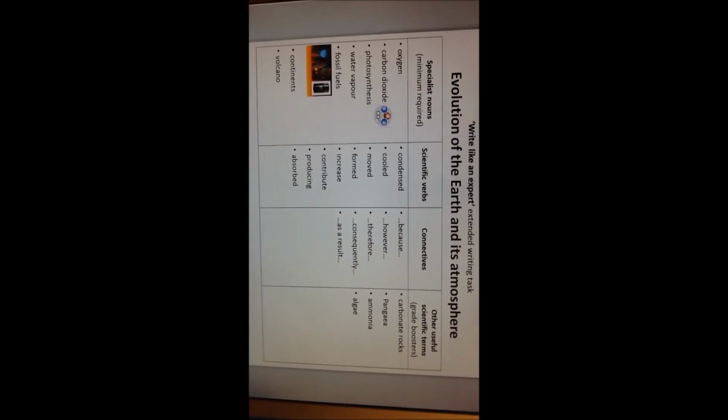So these are the keywords we've identified that would be really useful for this question, with the easier ones on the left hand side, and the other scientific useful terms are for the top grades to be able to get into this.